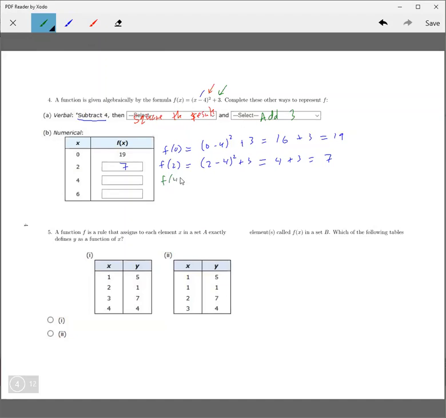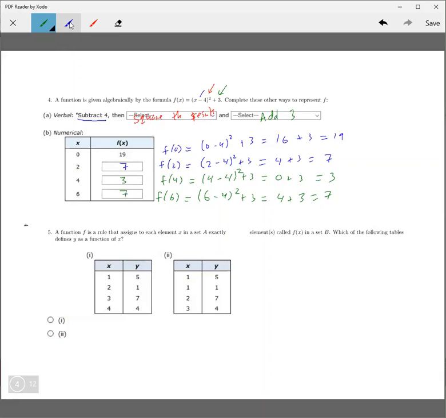If you plug a 4 in, you're looking at 4 minus 4, so that's just going to be 3. And if you plug a 6 in, you get a 4 plus 3, so 7 again. Notice that you can have 2 values that are the same over here. That's okay. What you can't have is 2 values over here that are the same. So this is perfectly fine.